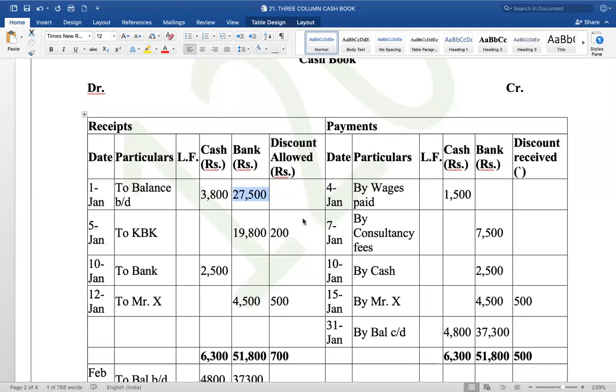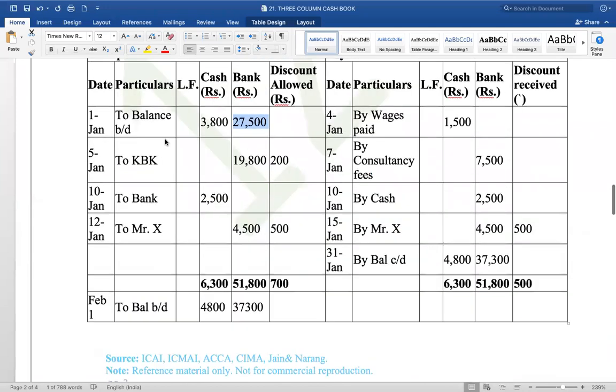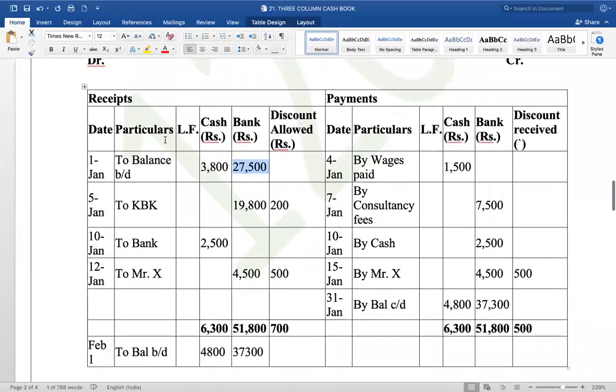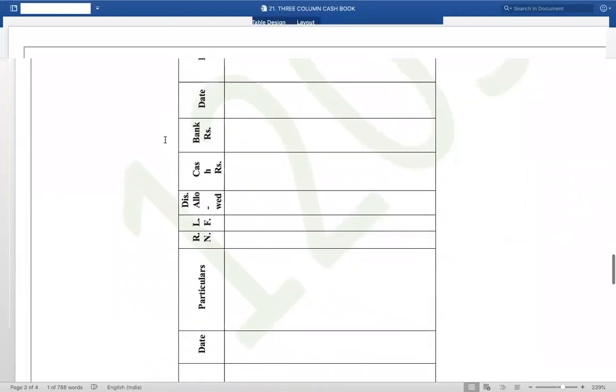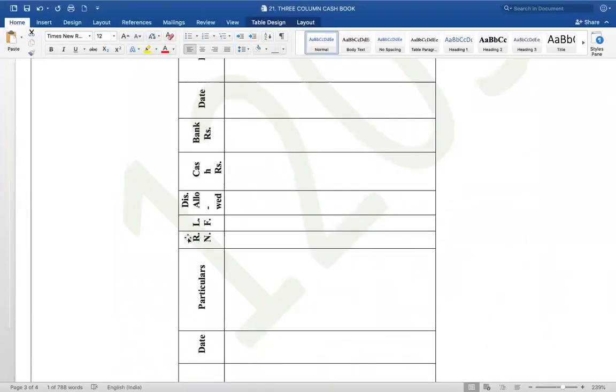What we have seen in the previous class is date, particulars, ledger folio. Before ledger folio, receipt number we have seen. Actually, it is not fitting here, so it would have been very difficult or inconvenient. Therefore, I have deleted this receipt number.